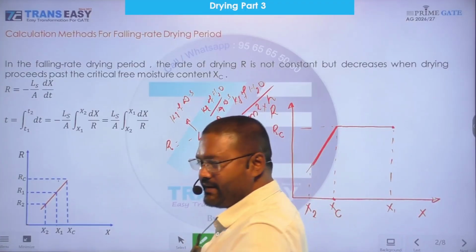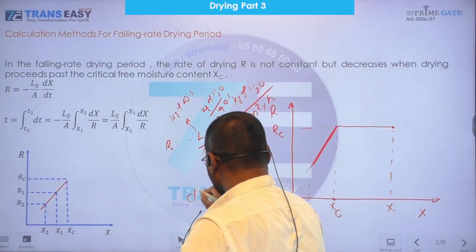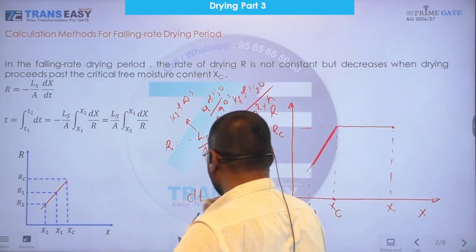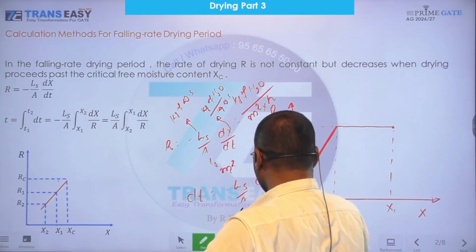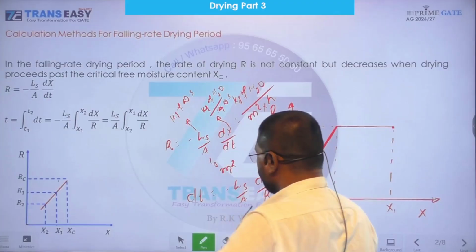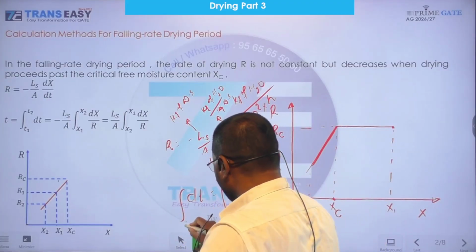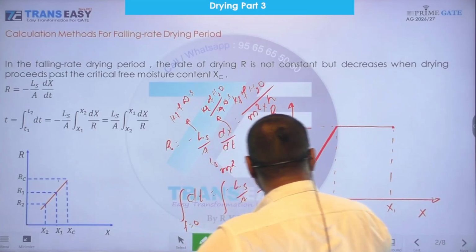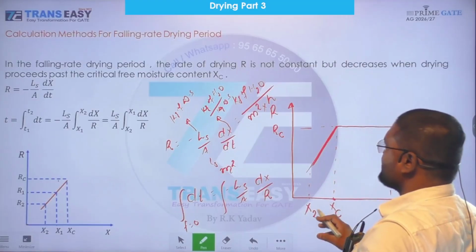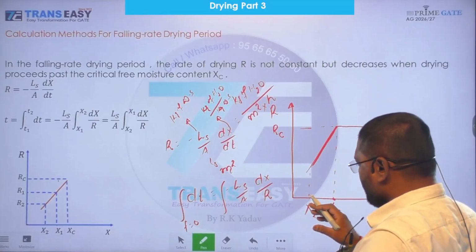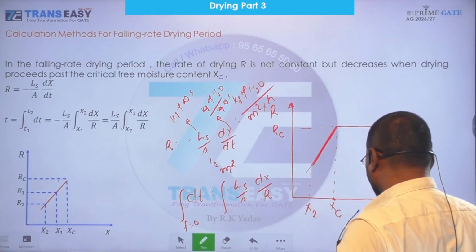We are going to calculate drying time. So bring dt on left hand side: dt equals minus Ls upon A dx upon R. Integrate both sides. Dear friends, now we discuss drying time in falling rate drying period.